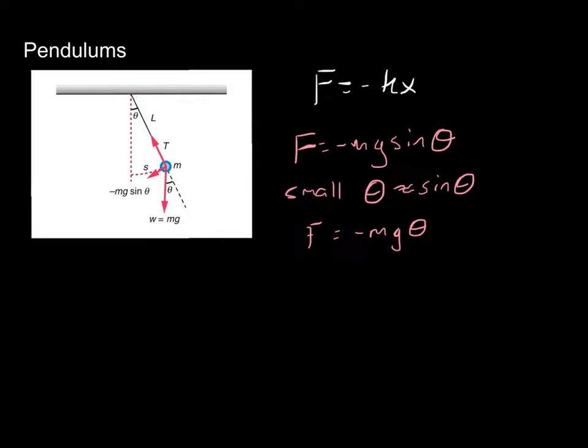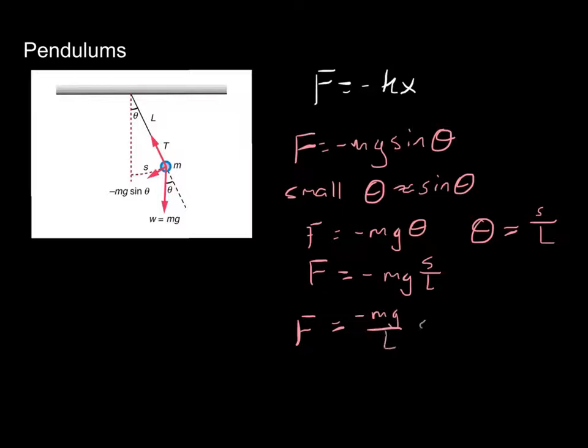We also know from some of our circular motion stuff that theta is equal to our arc length divided by the radius, or in this case, the length of our pendulum. So we could write this as F equals negative mg s over L, and rearrange the way we write this and say negative mg over L times s.